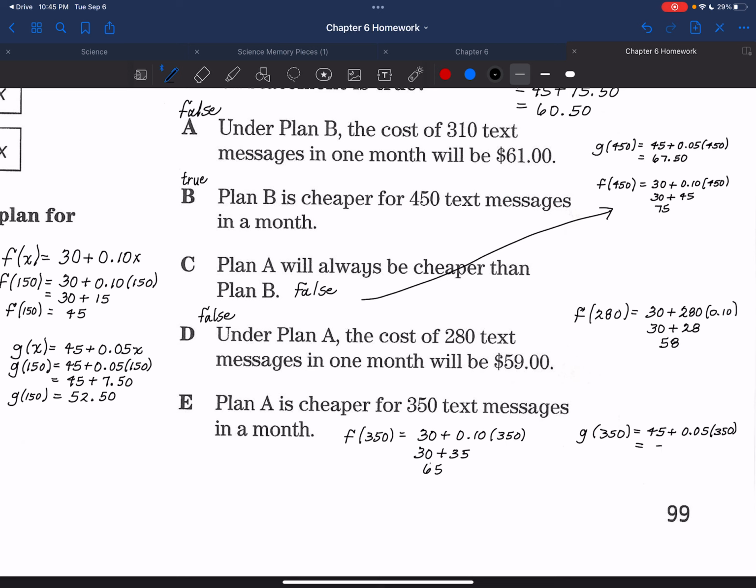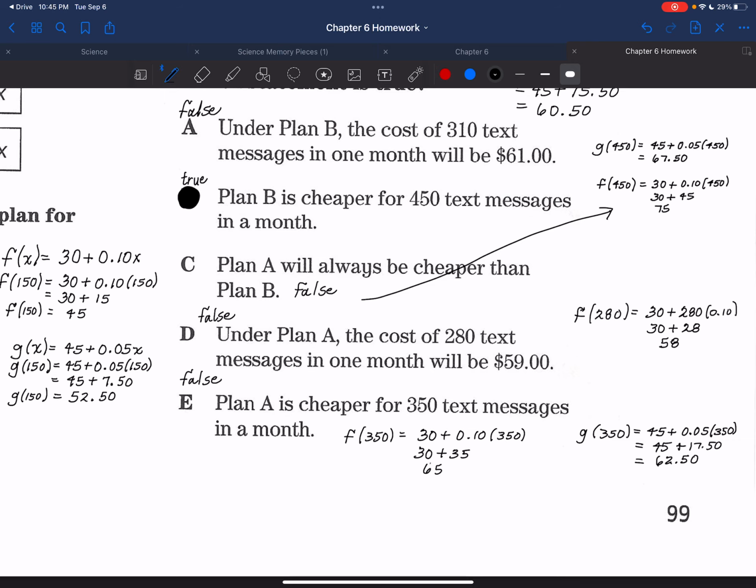So that would be 45 plus 1750, is 6250. Sorry, 45 plus 17.50 is 62.50. So Plan B would be cheaper for 350 messages. So that is a false statement. The answer you want is B, the true one.